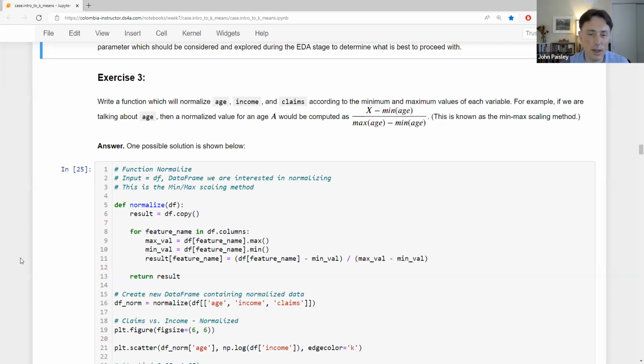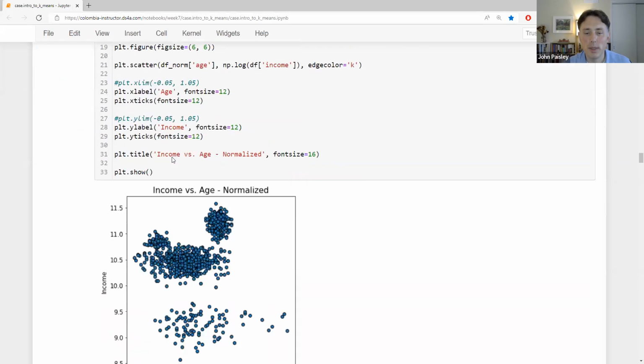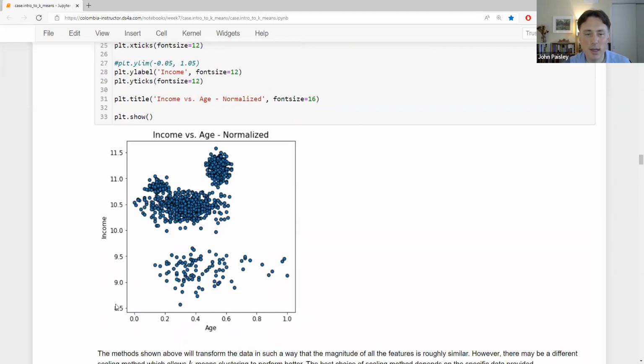One way you can, I think we might see this later, is to perform functions of your features. For example, rather than scaling the income, scale the log of the income, something like that. But outliers are a big pain too. But k-means kind of assumes that all of that has been taken care of. Okay, so we scale the age.